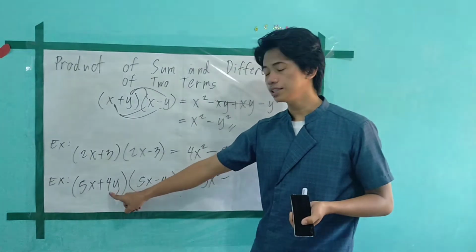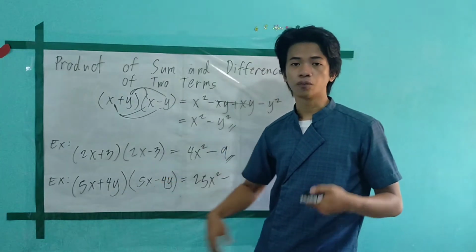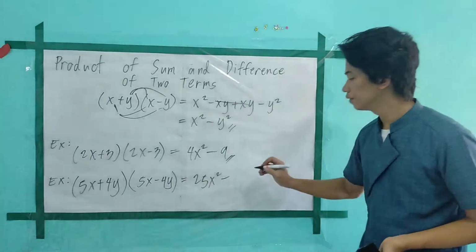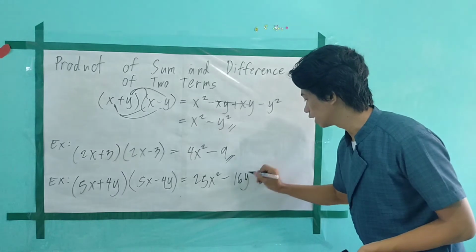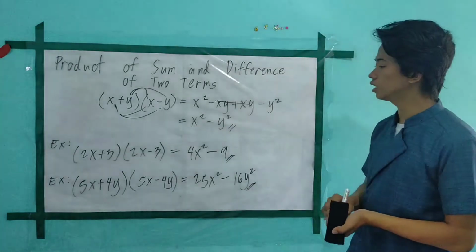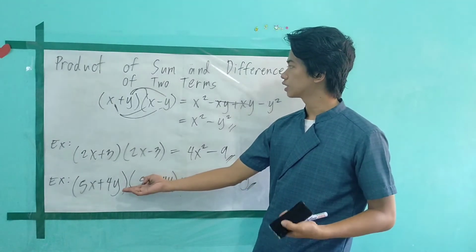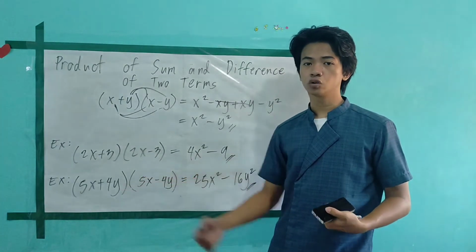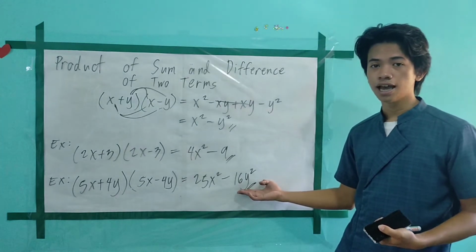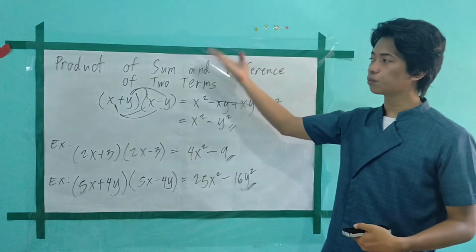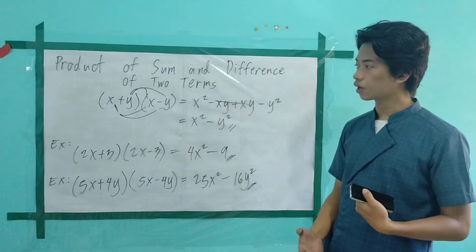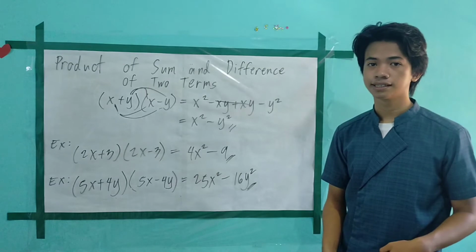The second term is 4y. So 4y squared. So we have 16y squared. So this will be the answer or product of sum and difference of two terms here. Again, these are the examples of product of sum and difference of two terms.